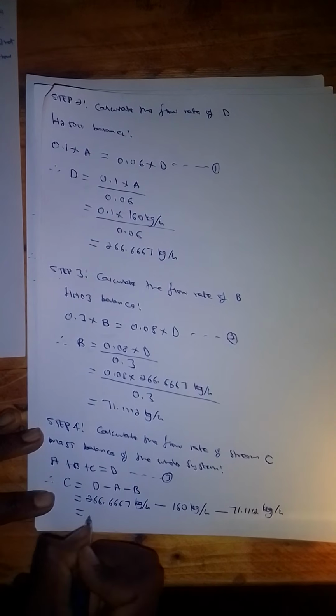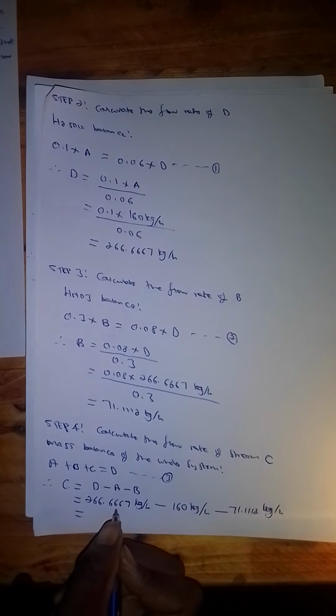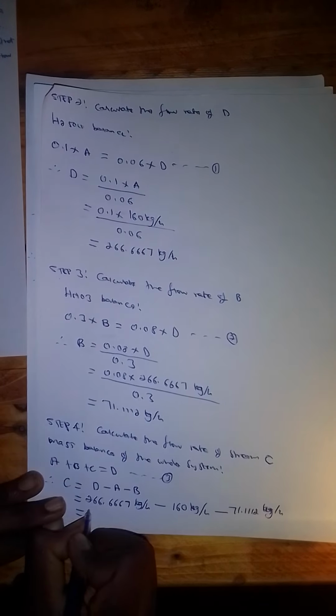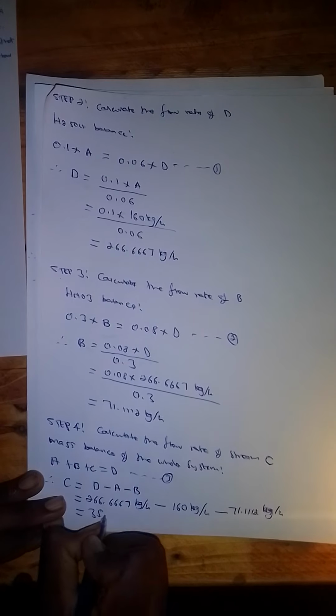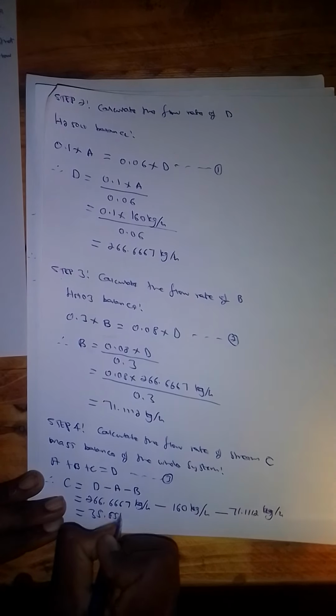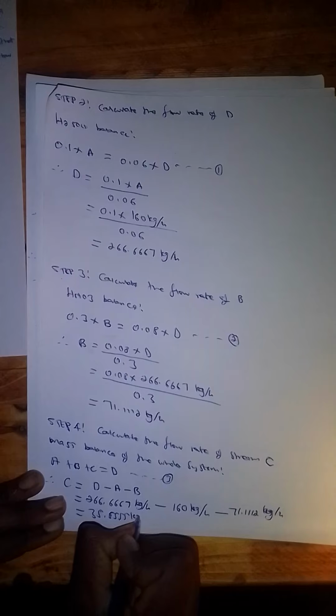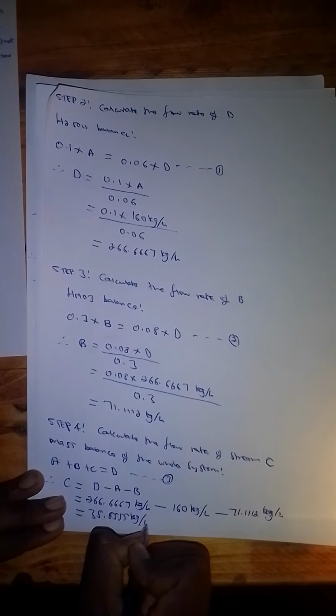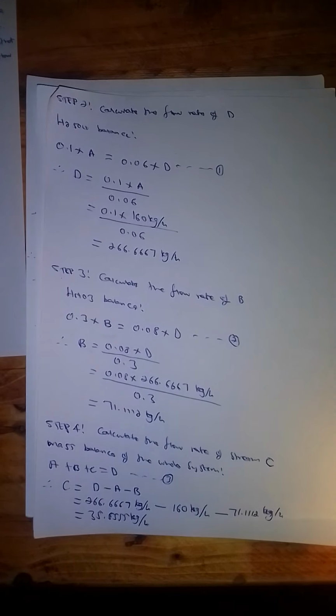Now if you use a calculator, this gives us a C of 35.5555 kilograms per hour.